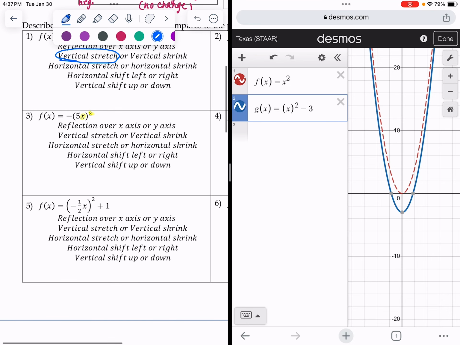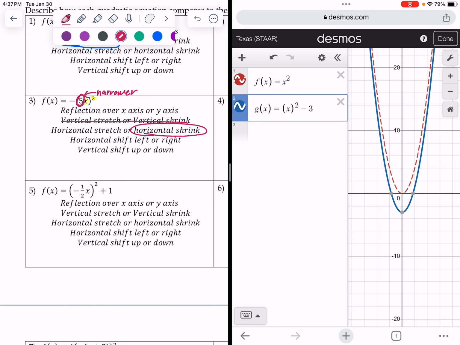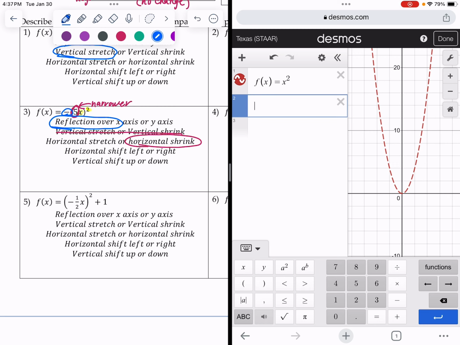Okay, on number 3, the 5 is inside the parentheses, so we're not going to call it vertical, we're going to call it horizontal. And we know the bigger the number, the narrower it gets. And so that's our horizontal shrink. And then this negative outside is our reflection over the x-axis. And so when in doubt, you can graph these functions.